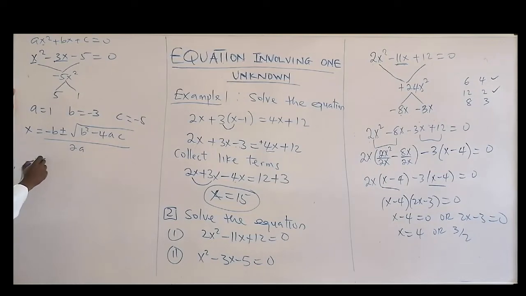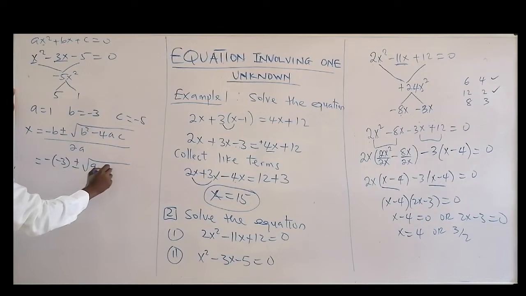Then our b is what? Minus in the bracket minus 3. B is minus 3. Plus or minus the square root of minus 3 squared, that's 9, minus 4 times 1 times minus 5, all over 2 times 1.